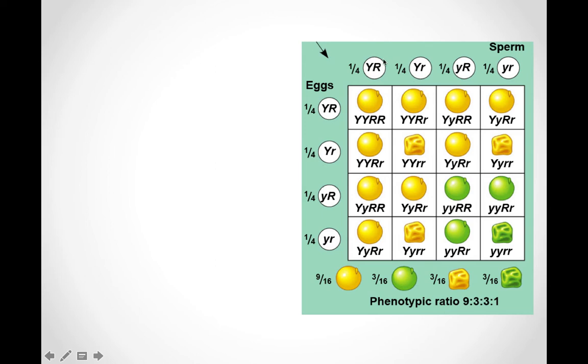He has some that are yellow and round, some that are homozygous yellow and round, some that are homozygous yellow and heterozygous round, some that are homozygous recessive, so they're going to have the green, and those that are homozygous recessive are paired with the homozygous round. Then this one is considered heterozygous recessive for both traits.